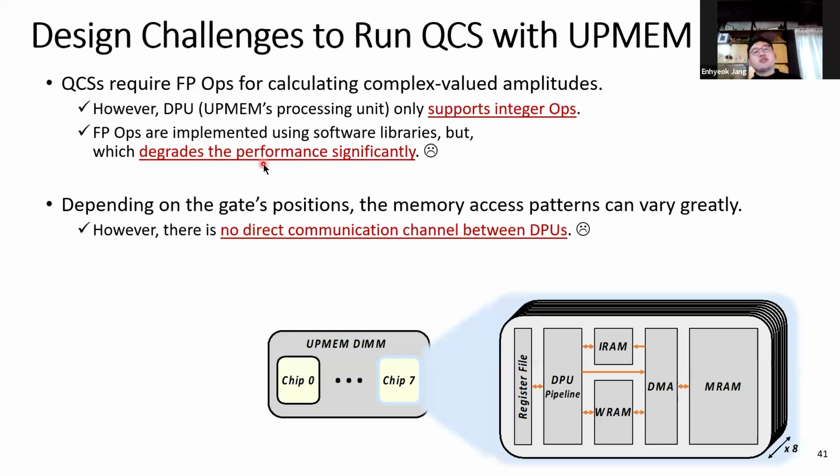The floating point operations are implemented using a software library, which degrades the performance significantly. And the simulation shows very distinct memory access patterns, but there is no direct communication channel between the DRAM processing units.